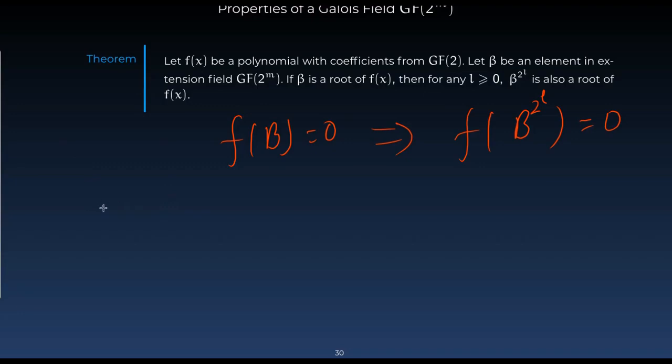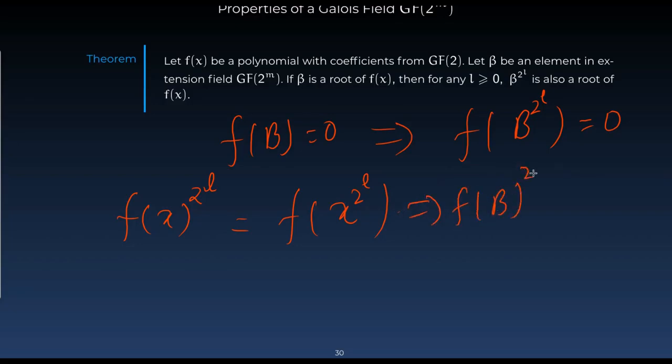We have already seen one of the theorems, that if you have f(x), then [f(x)]^(2^l) is equal to f(x^(2^l)), right? And if you simply put beta in place of x, then you will have [f(beta)]^(2^l) equal to f(beta^(2^l)).